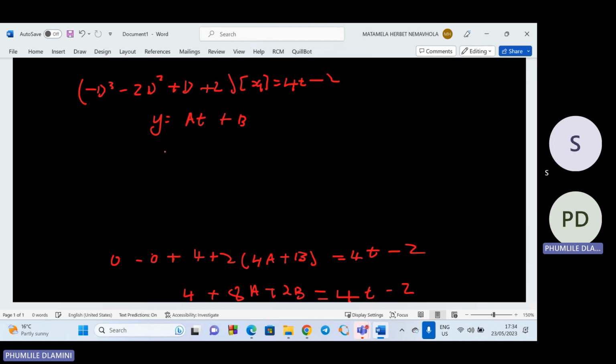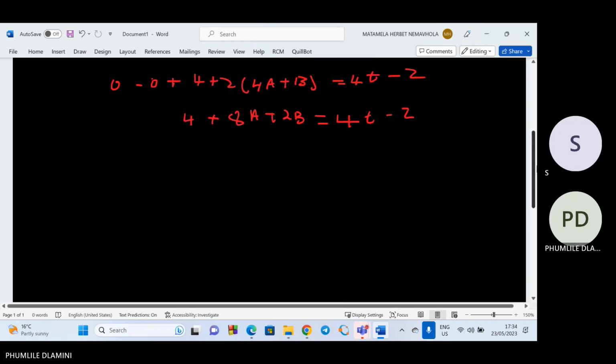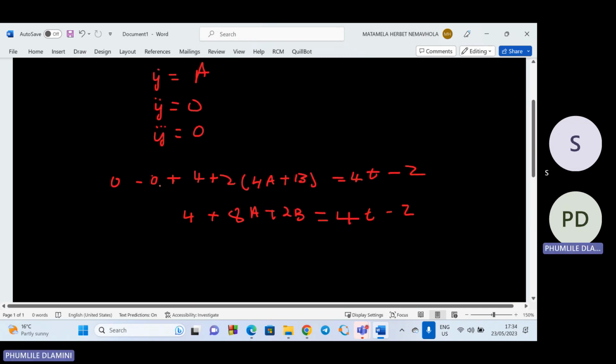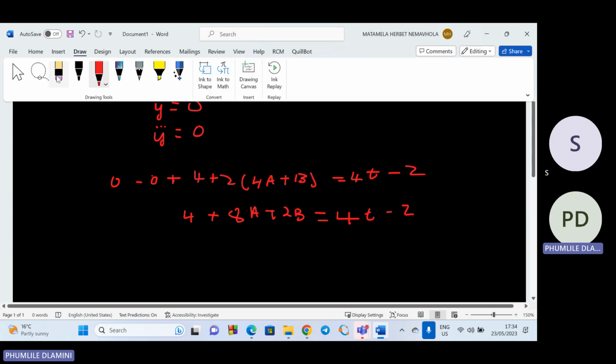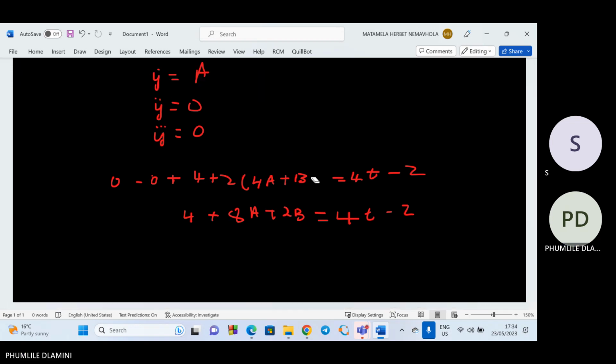Yeah, this is fine. y dot is going to be equal to a, and then y double dot equals 0, and y triple dot equals 0 again. Yeah. So now when we substitute, I'm going to erase this part so that I don't make a mistake.